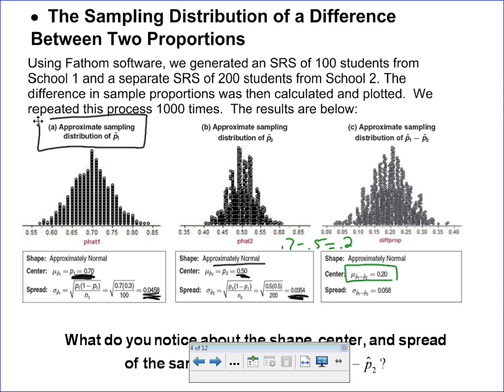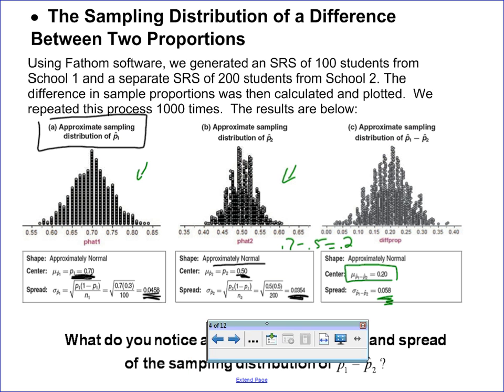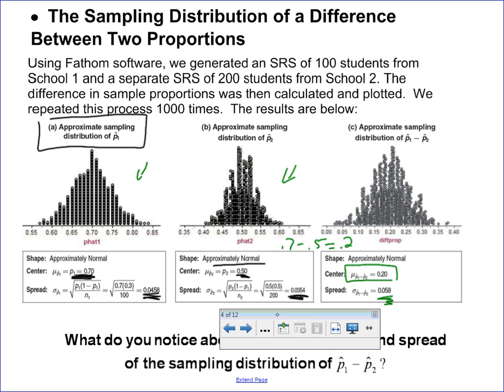But the spread, if you'll notice, got slightly larger. So even though we were subtracting, the spread went up. And we talked about this earlier in the year: this is a random variable, and this is a random variable. And so we're combining two random variables, and the variability, if we're combining them in any way, adding or subtracting, is going to slightly increase.